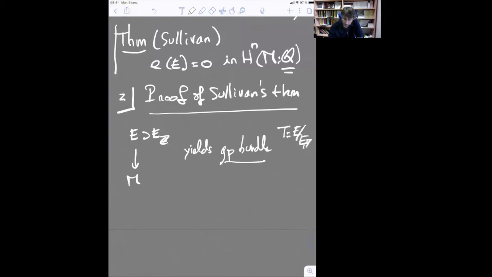Namely, you take the quotient E by EZ, and the bundle is a bundle whose fibers now are tori. And inside this group bundle, I will consider some particular points.